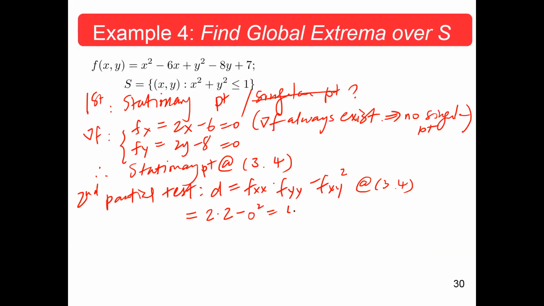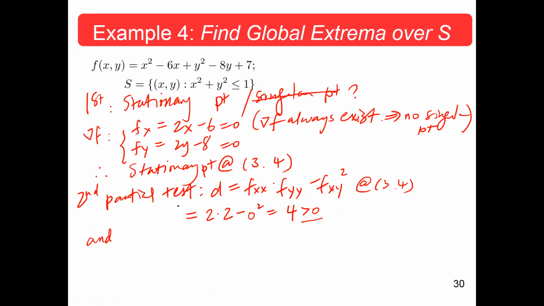So 0 squared, and D is 2 times 2 minus 0, which is 4. So D is indeed greater than 0, which tells us at (3, 4) we have a local extrema.